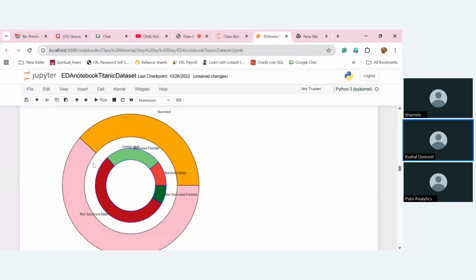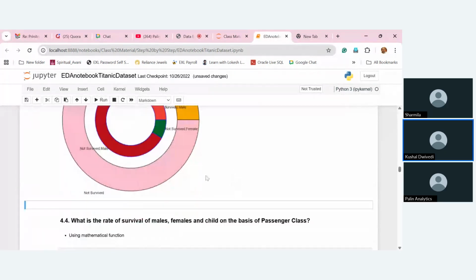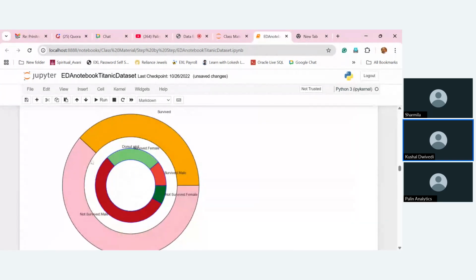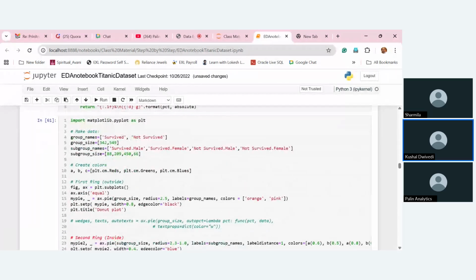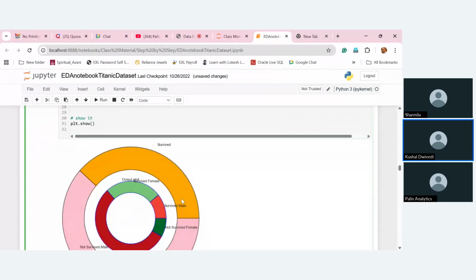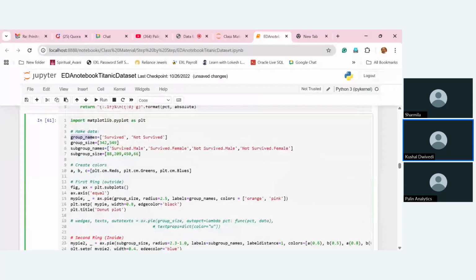So the external donut is only survived and non-survived. You can see non-survived were more than those who survived, and then inside it is divided into survived male, survived female, non-survived male, non-survived female. So what we are doing is making the groups. First of all, group names. There are two rings, and for each ring we'll do the configuration.